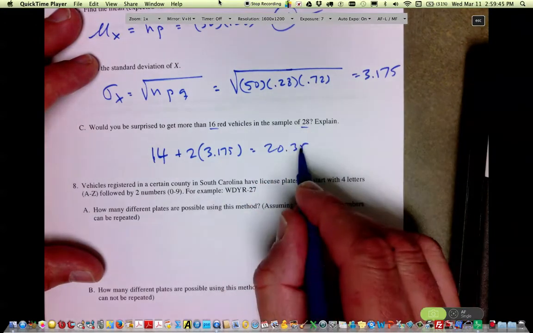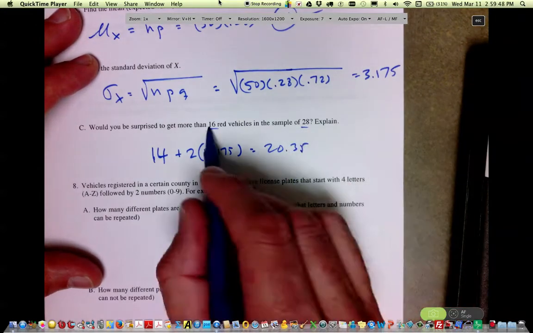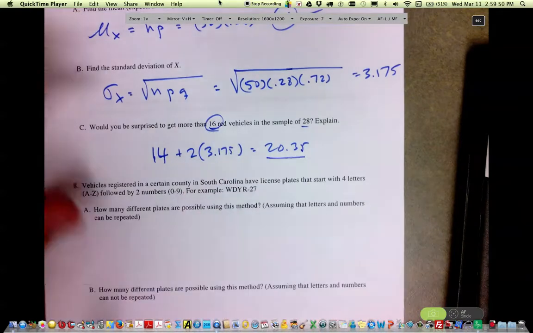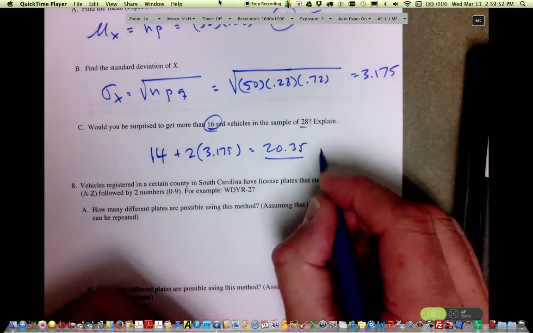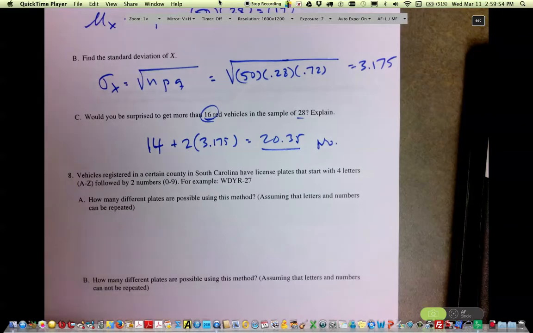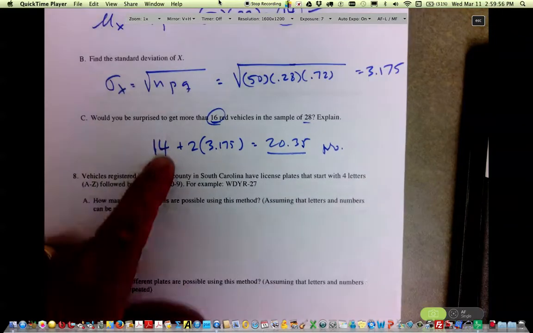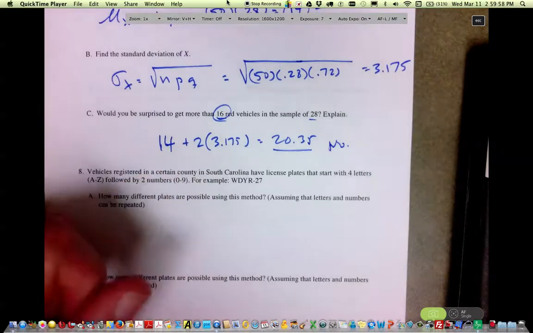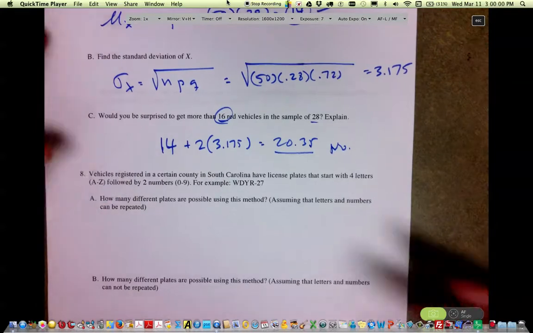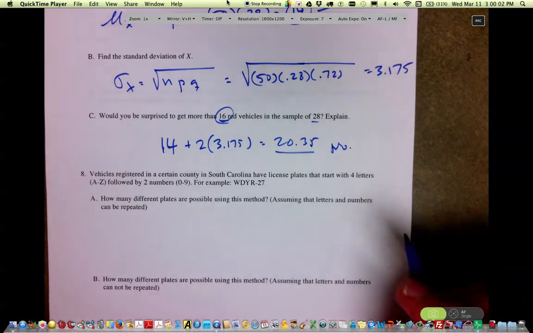This is 2 standard deviations above the mean. 16 is well below that. So I'm going to say no, I'm not surprised. 16 is just a little bit more than 14, and in terms of standard deviations, it's within 1 standard deviation, so I'm not surprised at all.